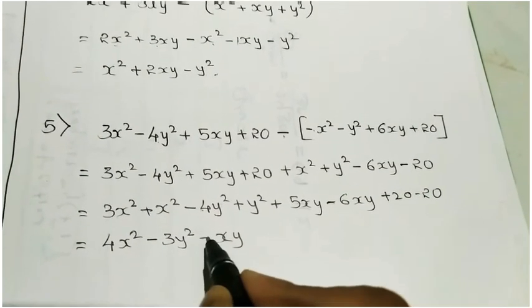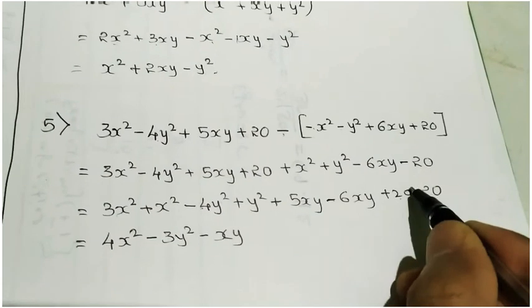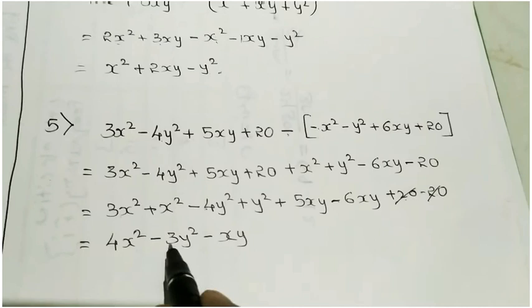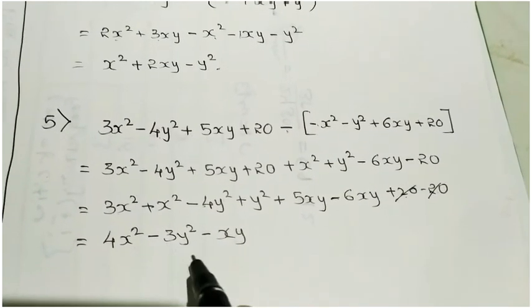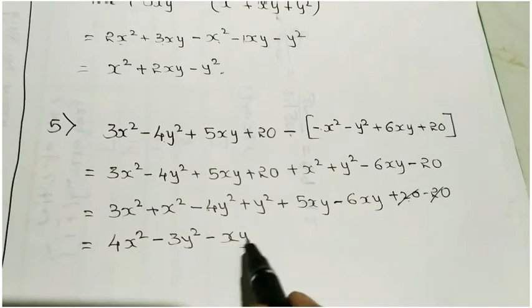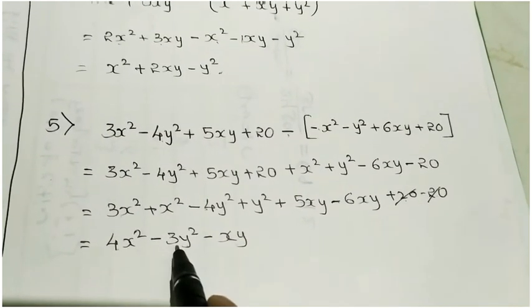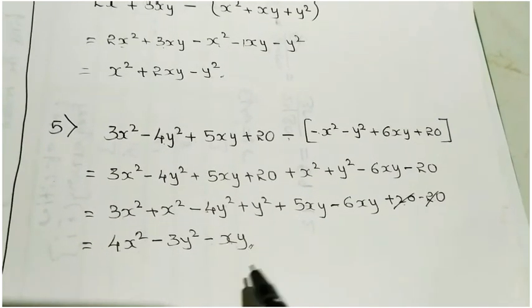Minus, bigger sign is minus, and here 20 minus 20, it will get 0. So our final answer will be 4x square minus 3y square minus 3xy. Okay, sorry, here only xy. 4x square minus 3y square minus xy. This is our final answer.